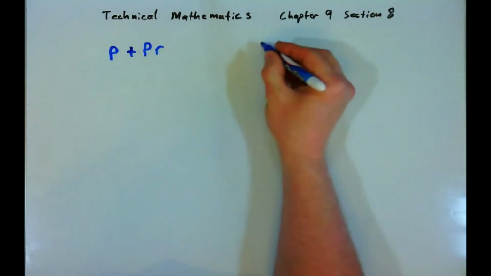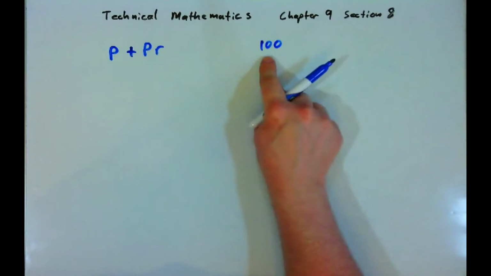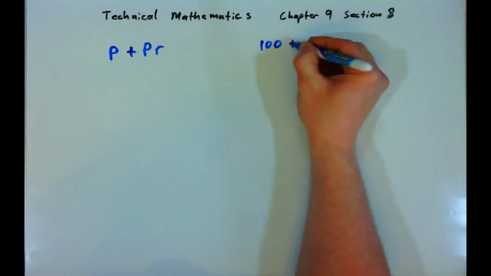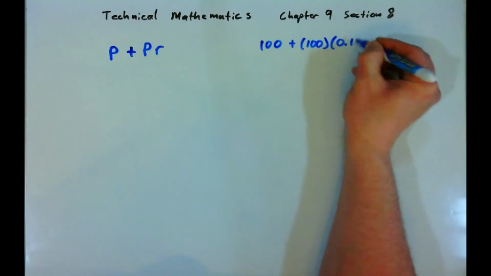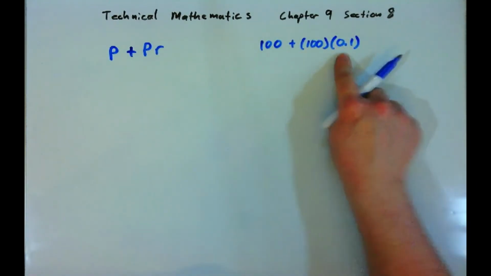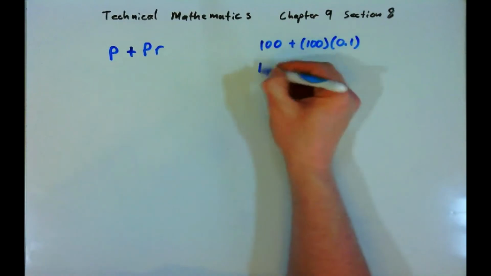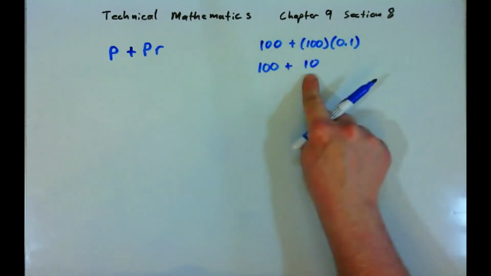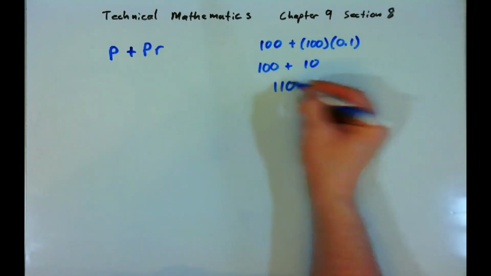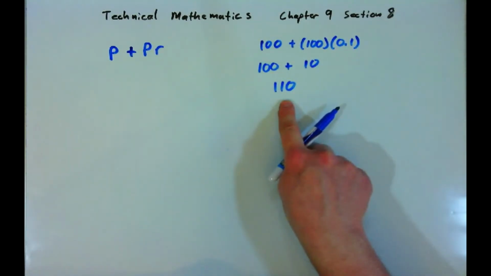So for example, let's say you put $100 into a savings account, and after 1 year they will give you 10%, 0.1, 10% more than what you originally had. So you'll have the original $100 you put in, plus you'll earn $10 more, and so you'll have $110. So you earn 10% at the end of the year.